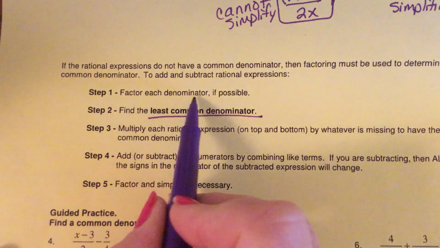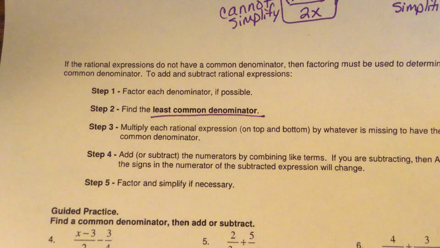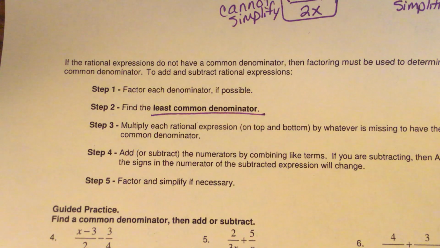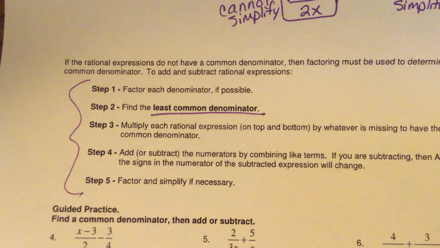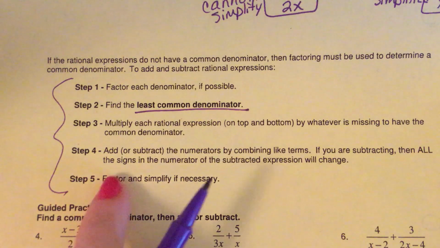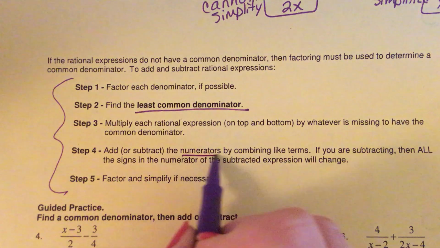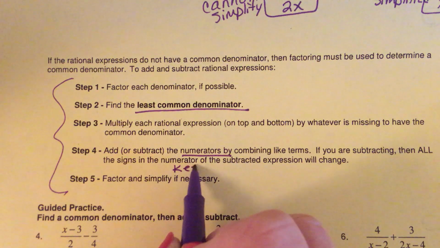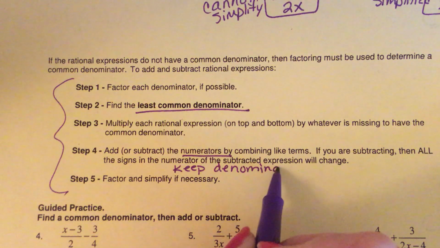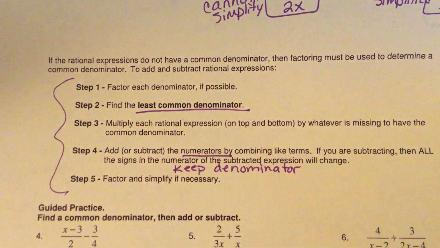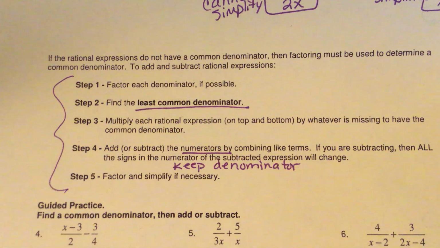The reason it says factor each denominator if possible is because it makes it much easier to find that common denominator. So let's look at a couple of examples, but keep this in mind. Go back to this each time. This step number 4, when it says add or subtract the numerators, always keep your denominator the same. We do not add our denominators.